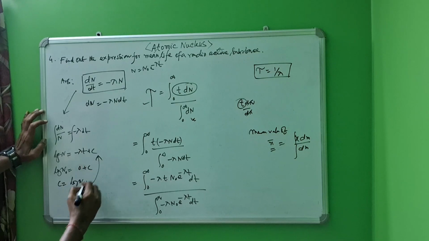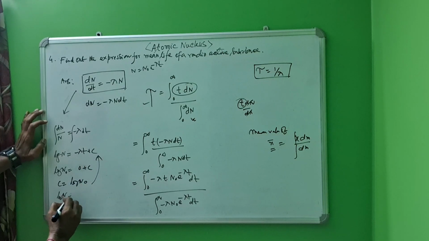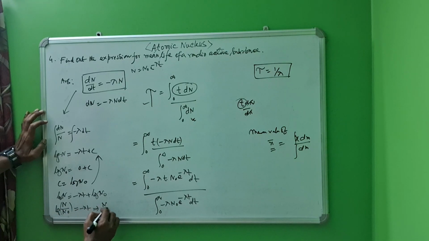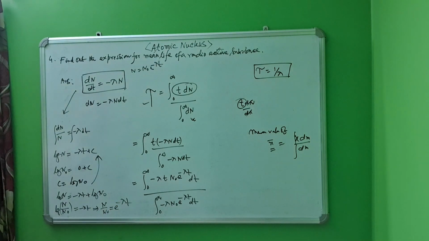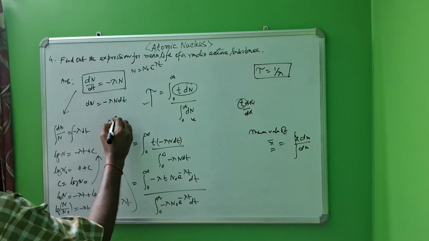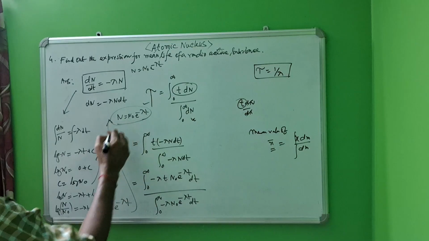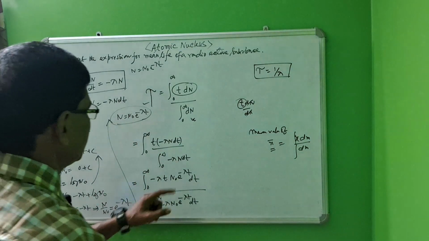Put here, we get log N equals minus lambda t plus log N0. Changing side, log of N by N0 equals minus lambda t, from which N by N0 equals e to the power minus lambda t, so N equals N0 e to the power minus lambda t, and this relation is applied here.